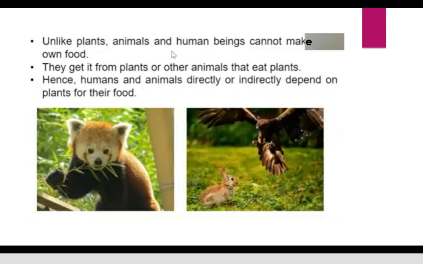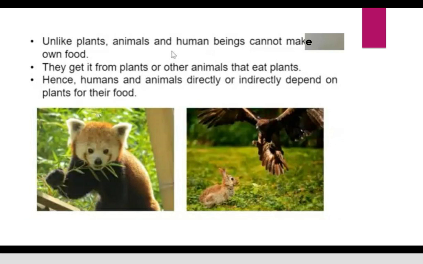Plants make their own food, but animals depend on plants and human beings also depend on plants. Hence, humans and animals directly or indirectly depend on plants for their food.